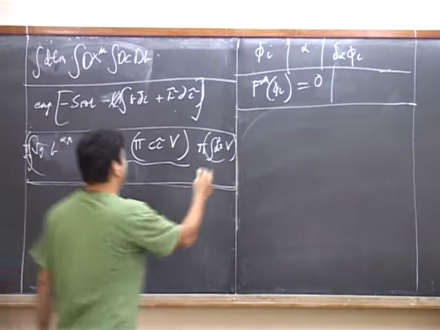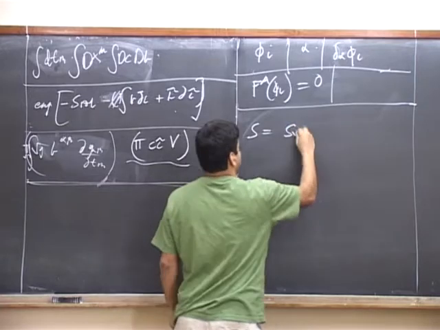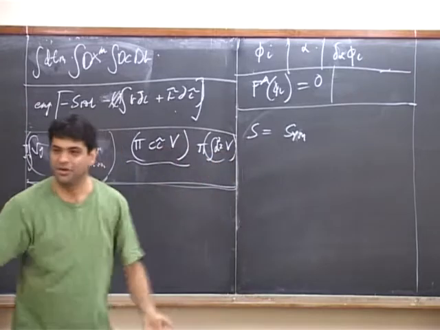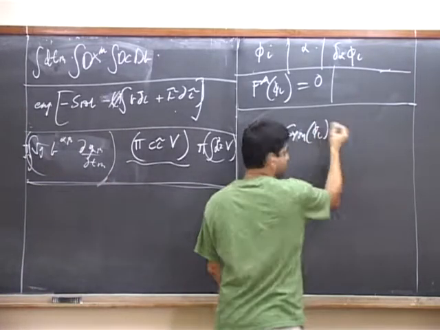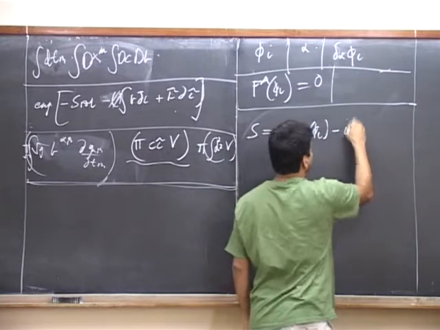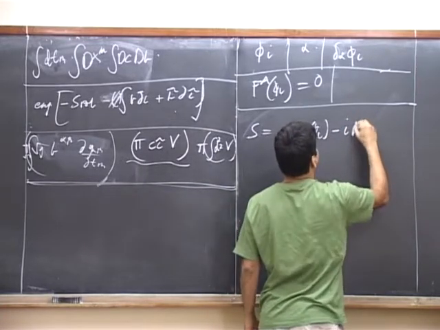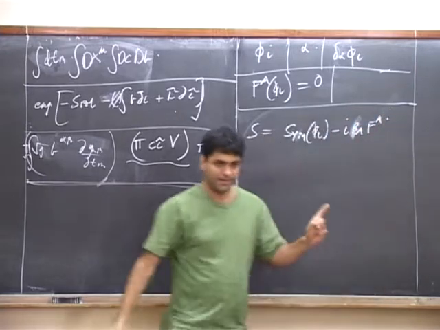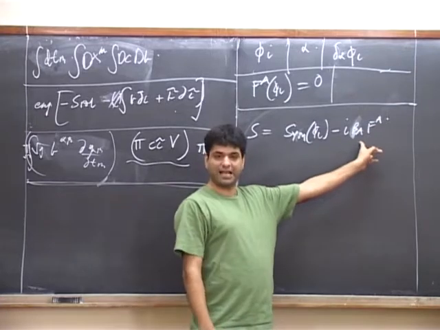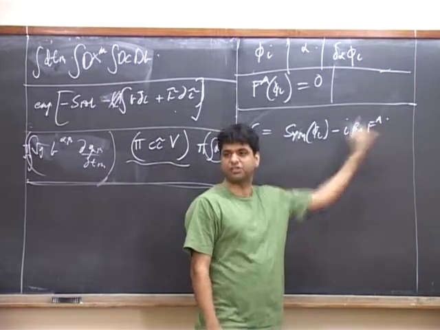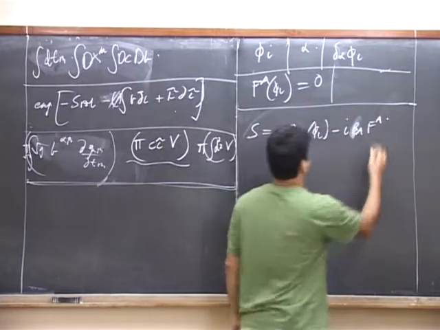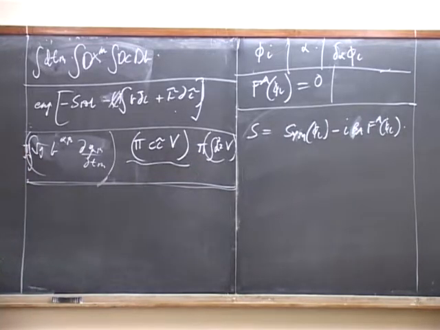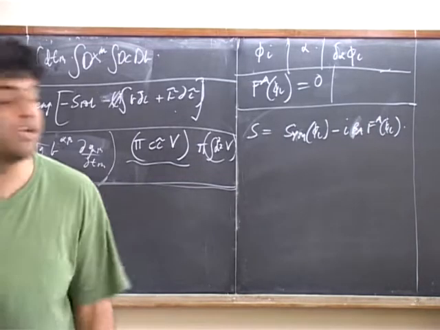So the final action was: S, the original action, which is a function only of phi I, minus i times B A F A of phi I. This is the part of the action such that the integral over B A gives the delta function of F A of phi I equal to 0. And then plus the ghost part, which came from the Faddeev-Popov determinant.